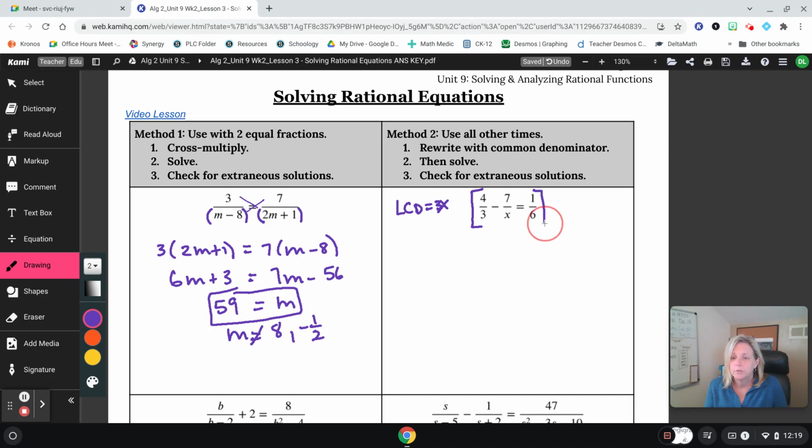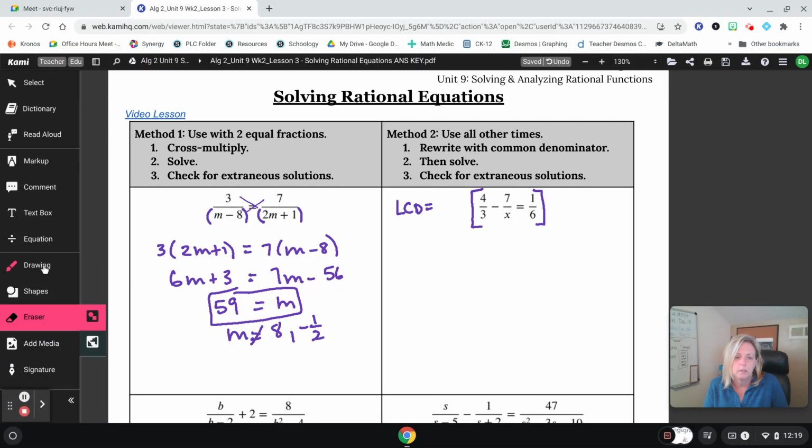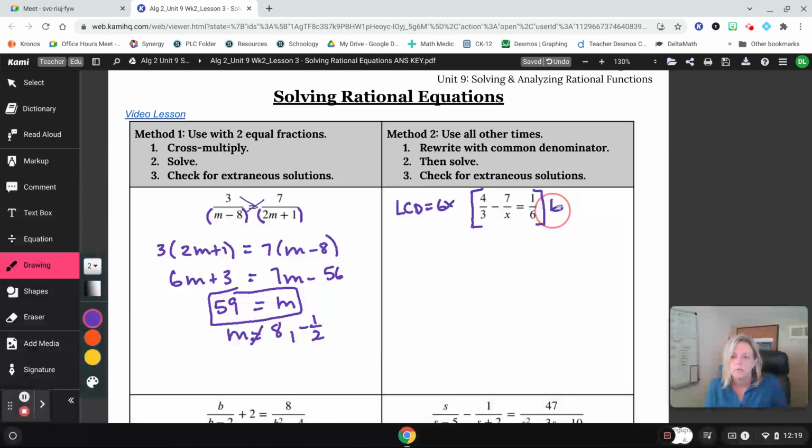What I prefer to do for these is to look for the least common denominator for all of them. 3 goes into 6, so 6x would be my least common denominator. So we're just going to distribute 6x to all of the terms in our equation.